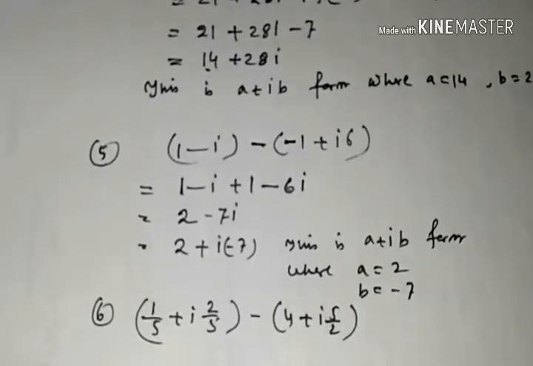That is also we can write as 1 by 5 plus i 2 by 5 minus 4 minus i 5 by 2. The real part is 1 by 5 minus 4.